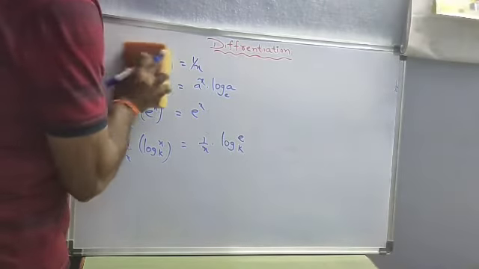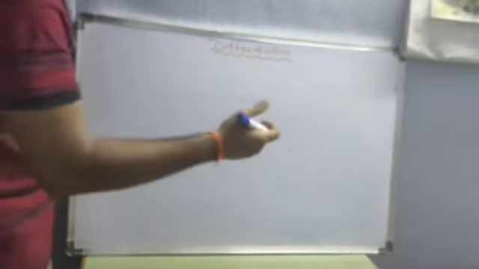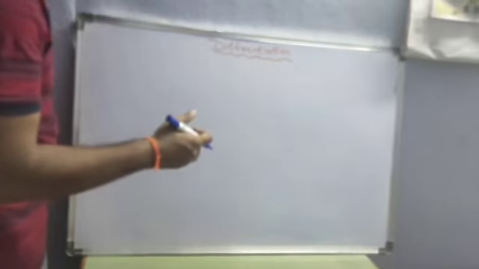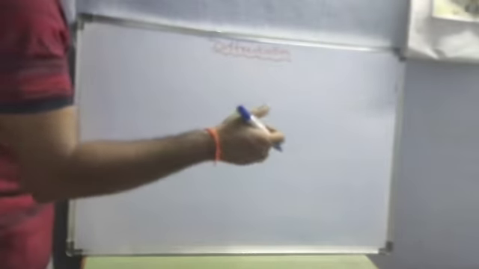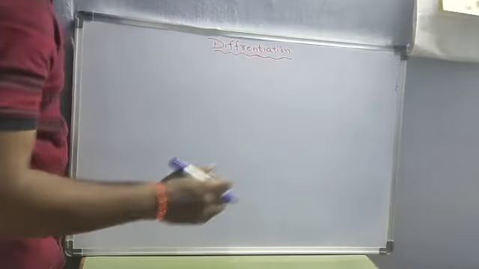In that you can derive those formulas by using the first principle. Now I am not discussing every formula by using the first principle, because that concept is already completed. We are just remembering those formulas, and we have to use them in our problems.